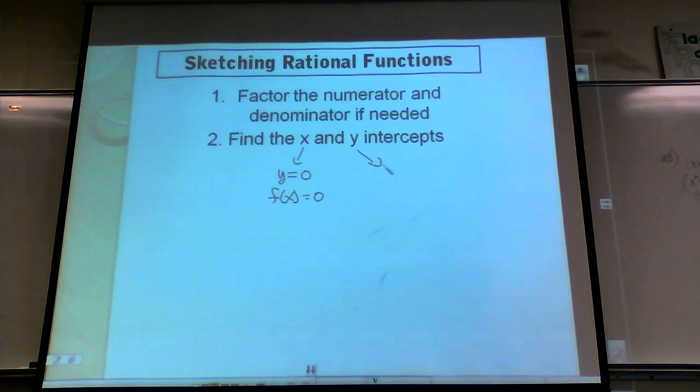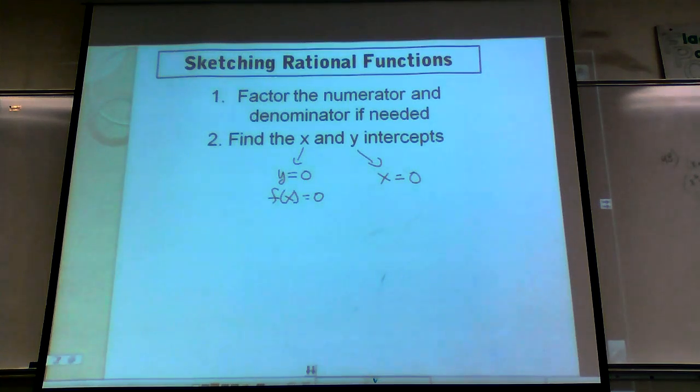And the y-intercept is where x equals 0, so if you just plug in 0, that's going to give you the y-intercept. These things might not exist. Like in the graph of 1 over x, there's no y-intercept and there's no x-intercept. That's fine. There are times when you cannot find these; they just don't exist. But if they do exist, you need to find them, because I'll be looking for those things.